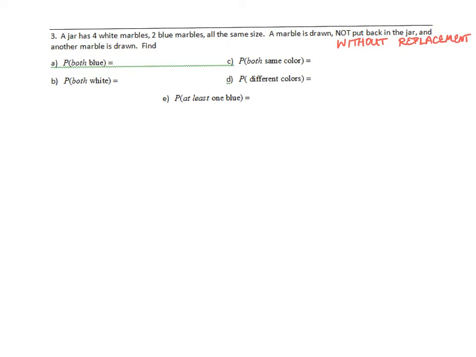So let's make a diagram again, and I have plenty of room here, so I'll take advantage of it. So our diagram will look like a tree like before, where the first marble could be either a blue or a white. Okay, let's take a look at that.